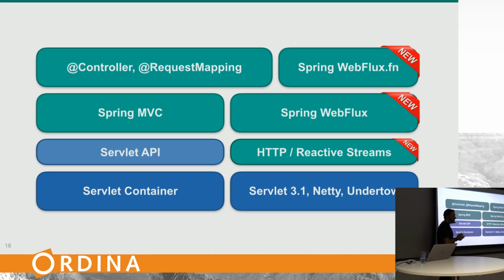You can use a new system, which goes further in the functional API side of things. So the business logic that you're going to define will be quite functional even. And you can go further with WebFlux FN because you can even define your router using a functional API.